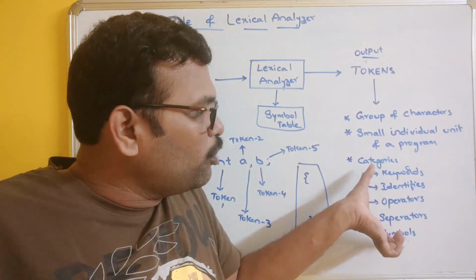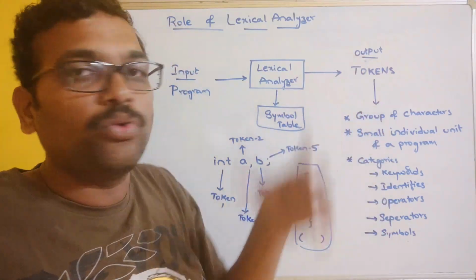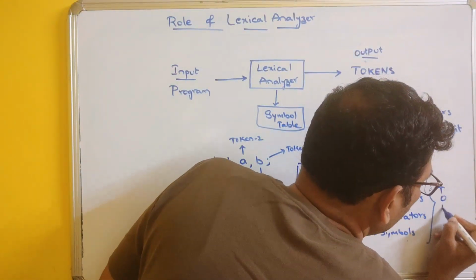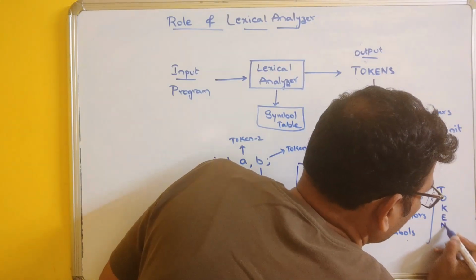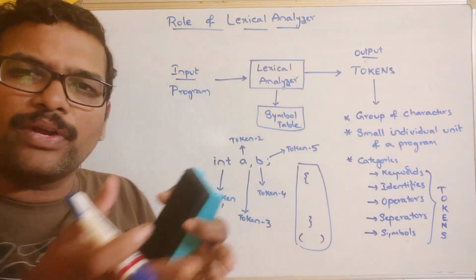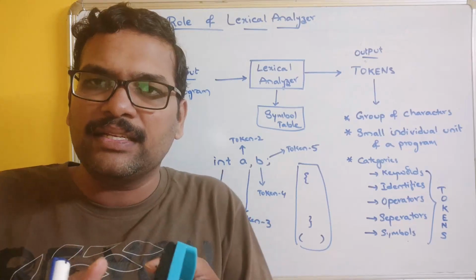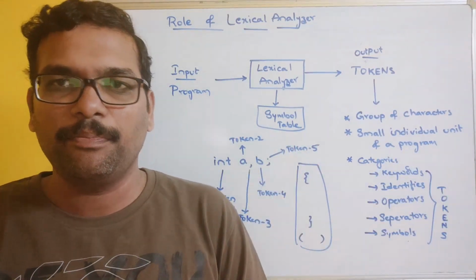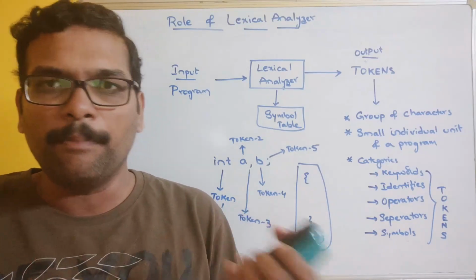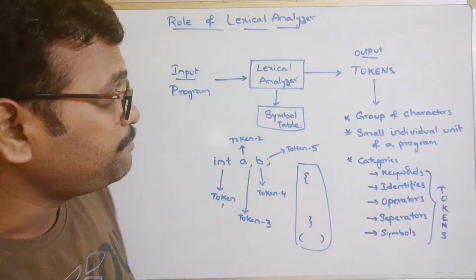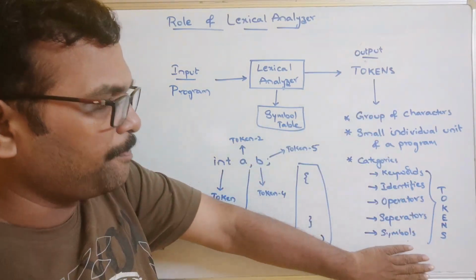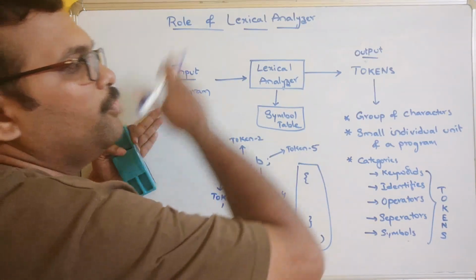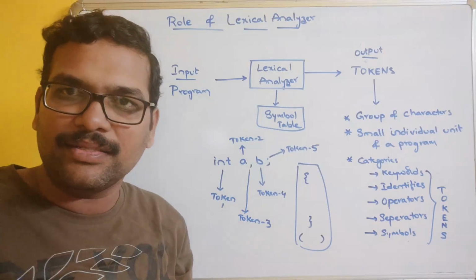All these grouped together, we call tokens. The collection of tokens, arranged in a grammatical format, will give some instruction to the computer or the compiler, right? So from a program we should get the tokens as a result.